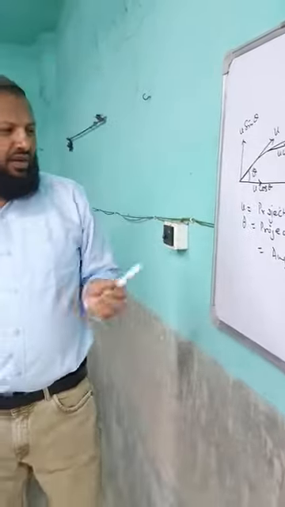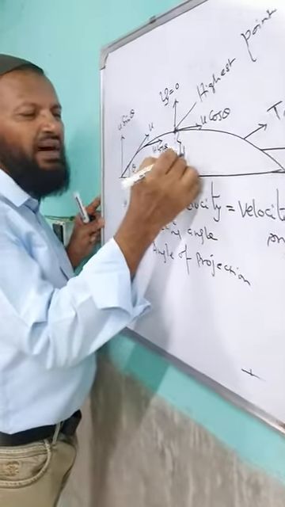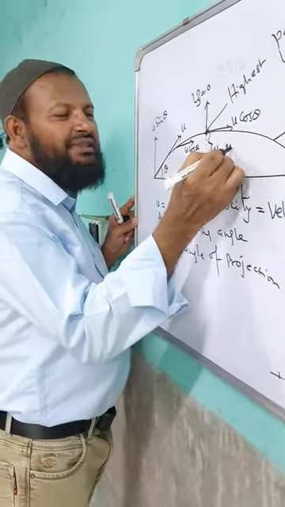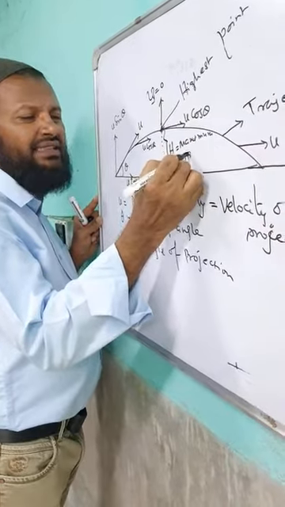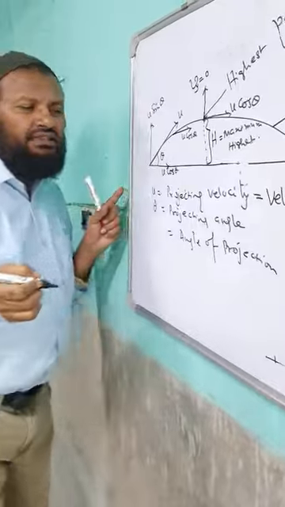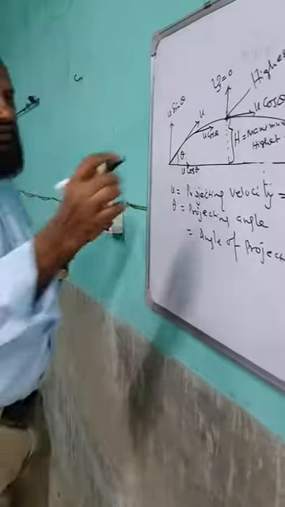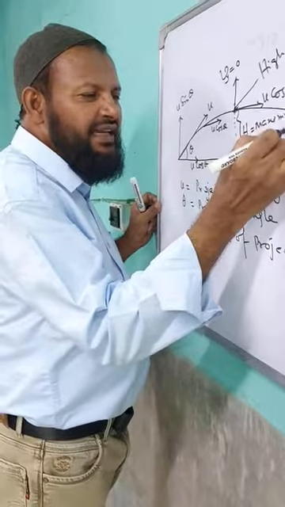Now one thing is important. This is the maximum height. What is height? Spelling: H-E-I-G-H-T, height.